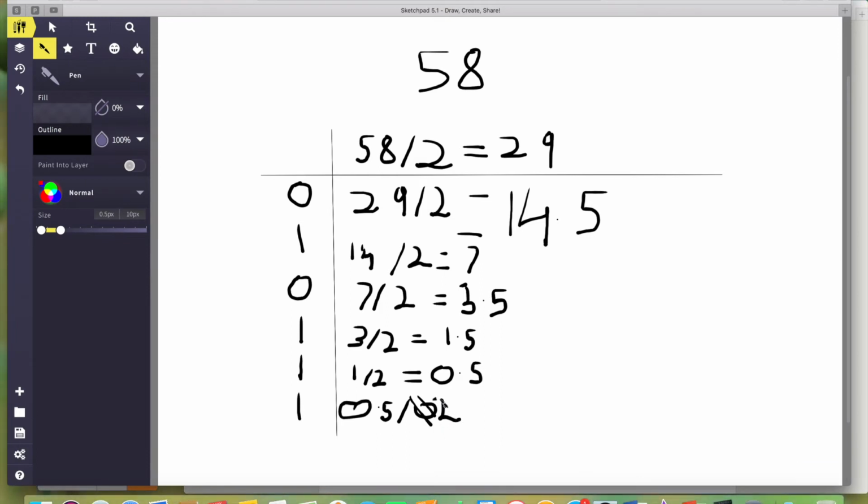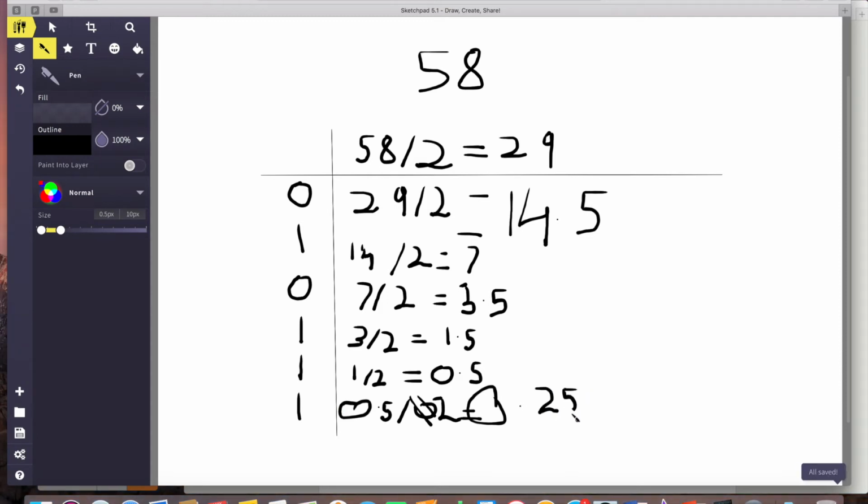Sorry for the messy handwriting, guys. 0.25 is equal to 0, because I get the naught. 0 divided by 2 equals 0, of course, because anything that is divided by 2 is 0. So I get another 0, and now it is finished.